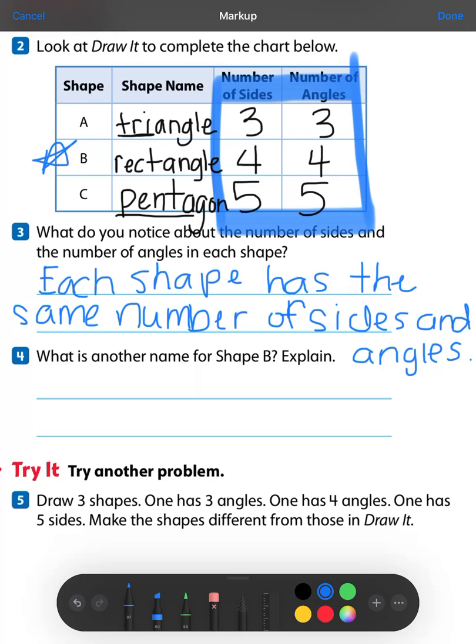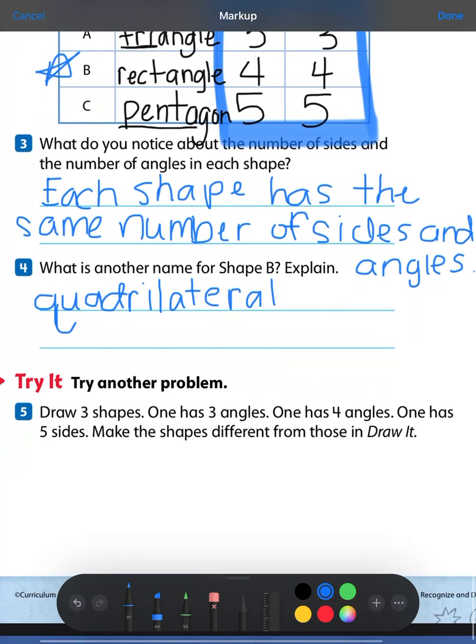On a rectangle, 2 sides are the same and the other 2 are the same, but not all 4. So the shape that has 4 sides and 4 angles is a quadrilateral.